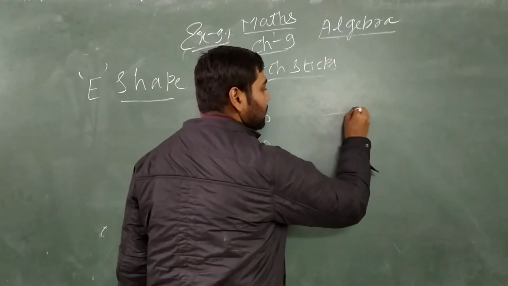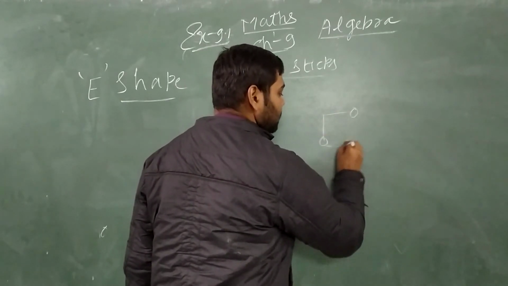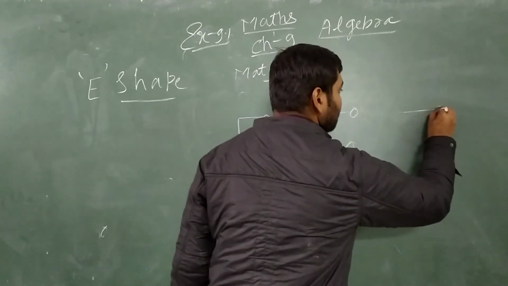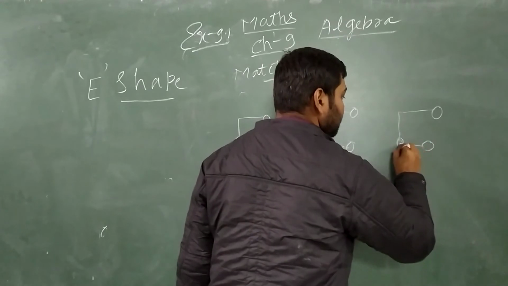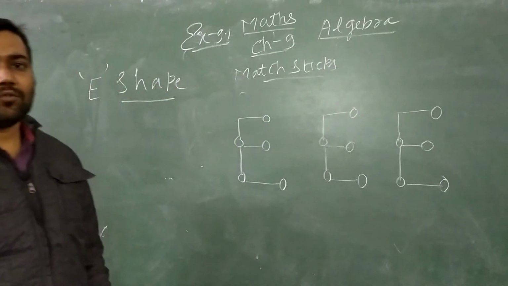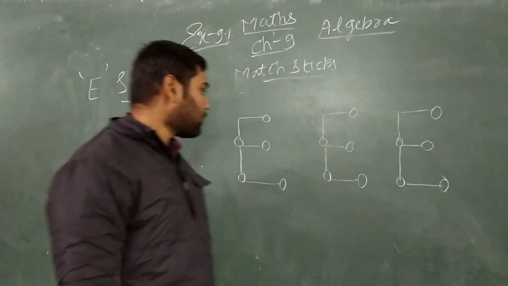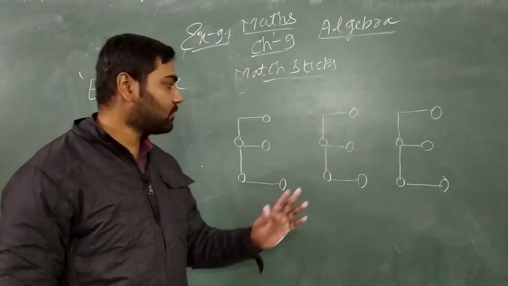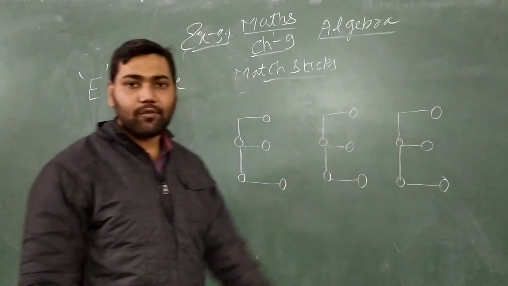Again 1, 2, 3, 4, 5. So in every case we see 5 matchsticks are needed to make an E shape. In 3 E shapes, 5 plus 5 is 10, plus 5 is 15.